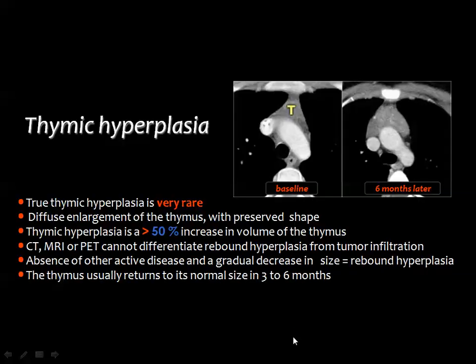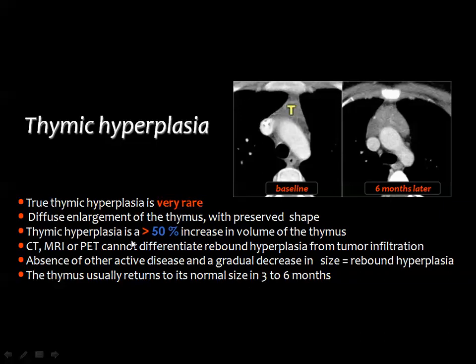And thymic hyperplasia is considered very rare, and for the diagnosis of hyperplasia, the thymus should maintain its normal configuration, but it looks more bulky than it should be.